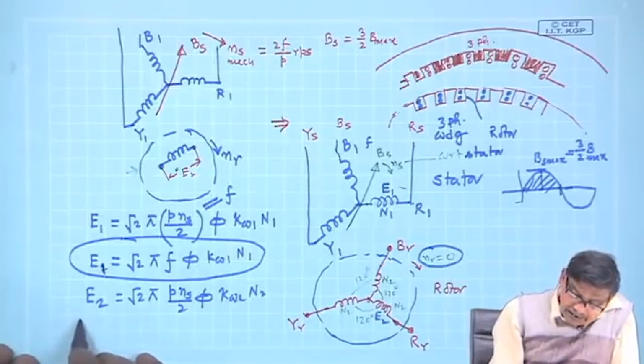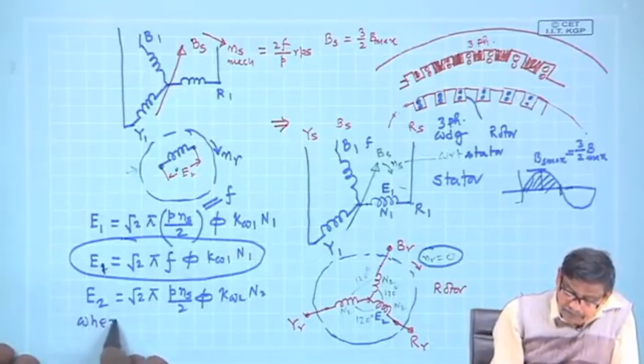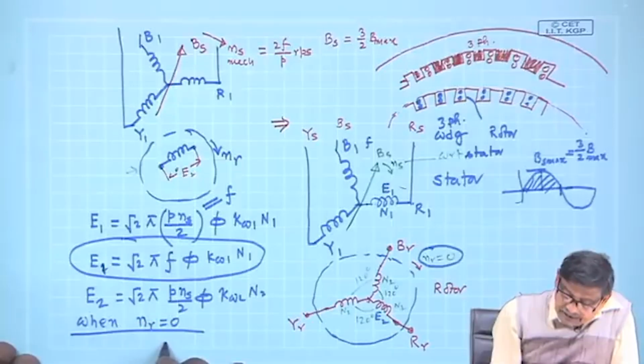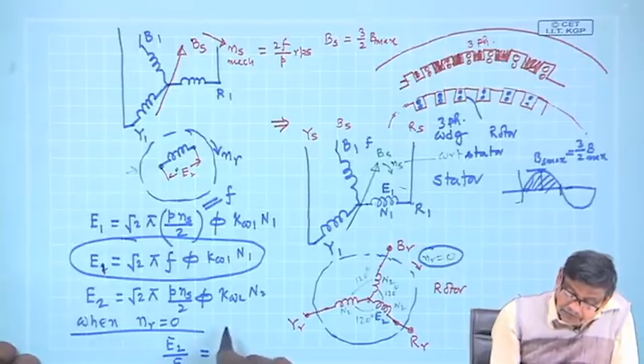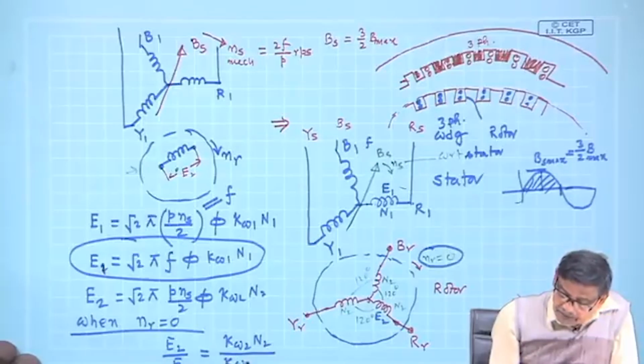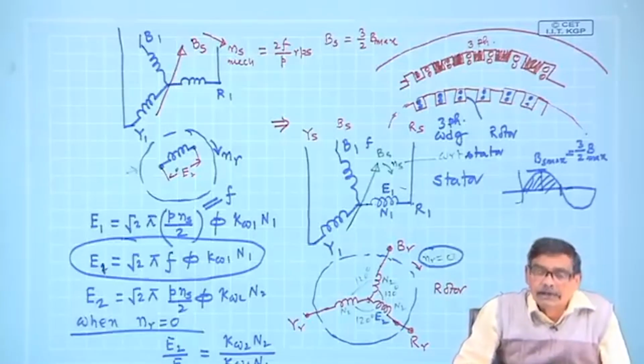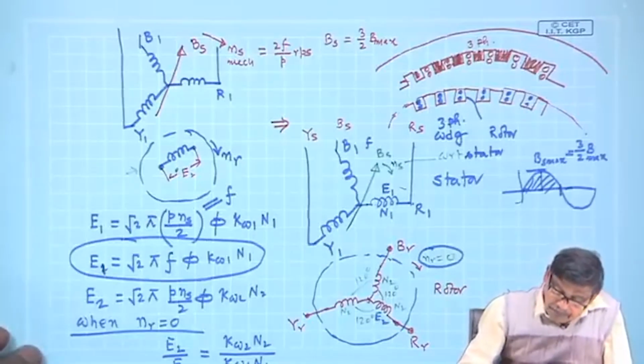Therefore, when nr equal to 0, you can easily see that E2 by E1 will be equal to kW2 N2 by kW1 N1, almost like a transformer. It was N2 by N1, but it is now this.